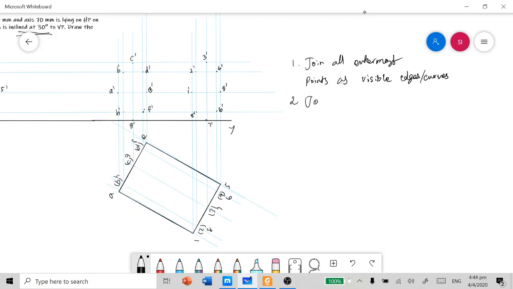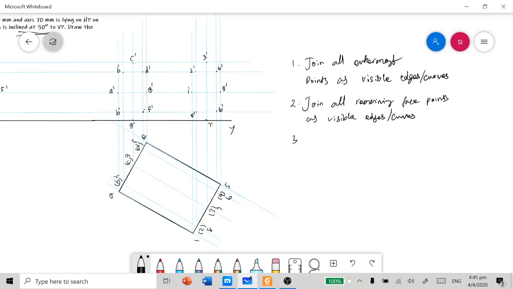And then the second rule is to join all remaining face points as visible edges or curves.